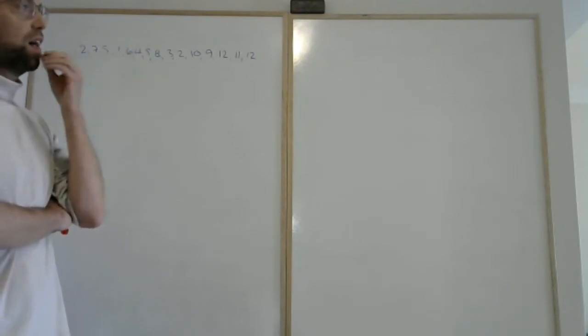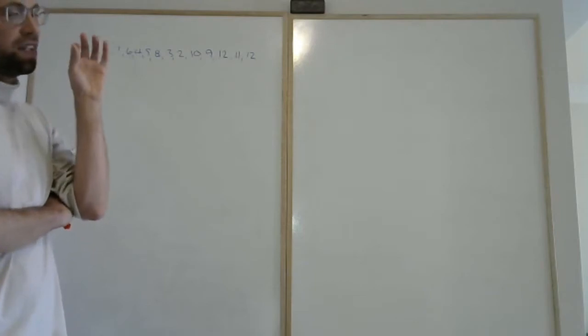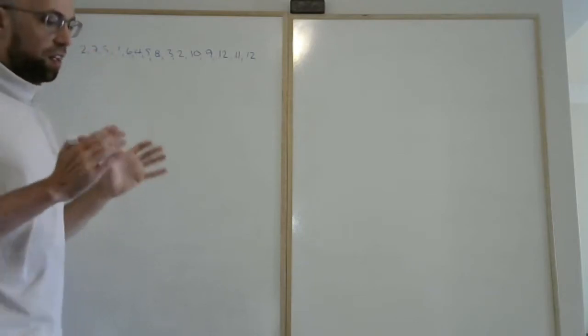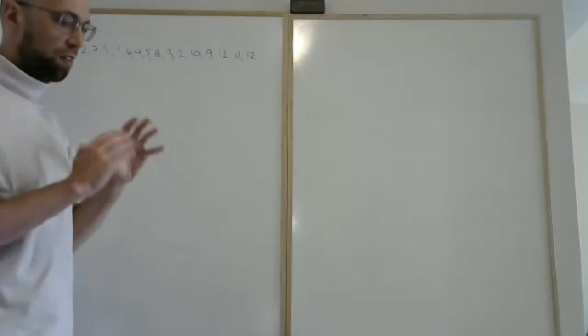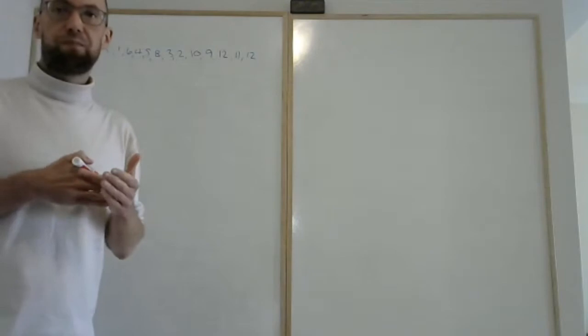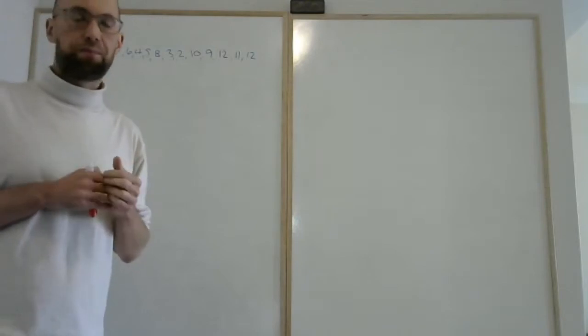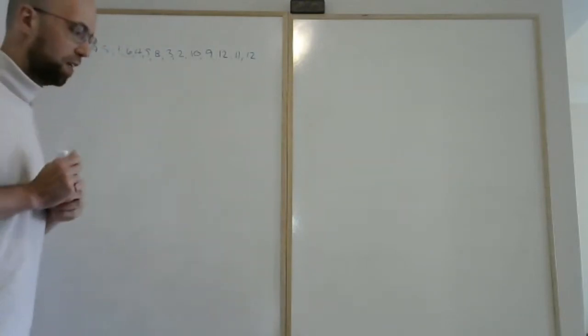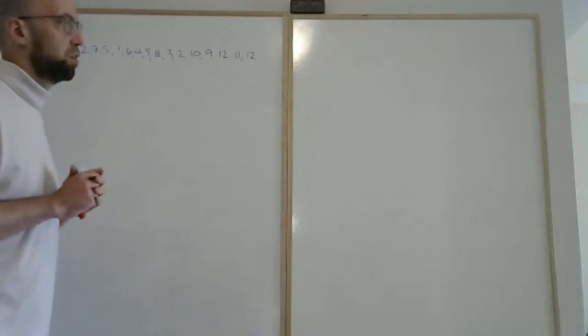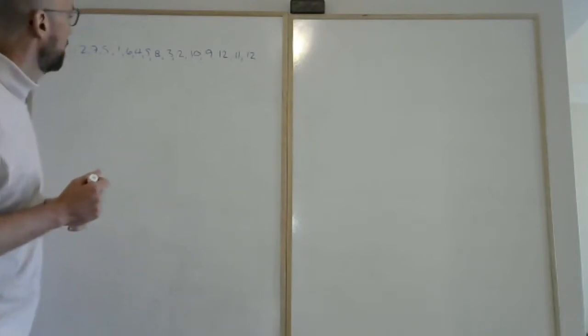We have to be a bit careful. Instead of just saying the subsequence that ends within this prefix, we're going to say that ends with this element, because that works.